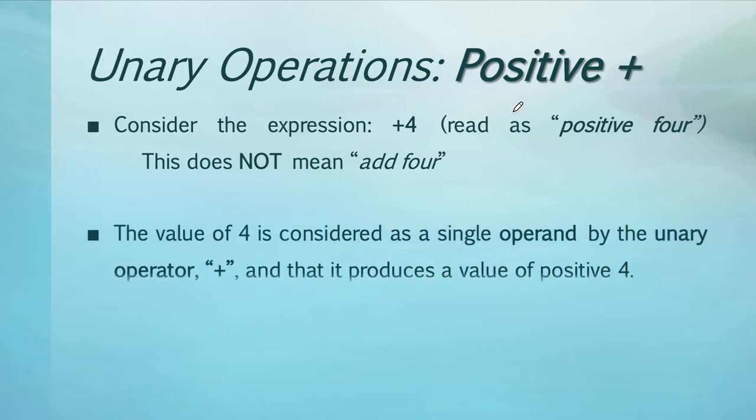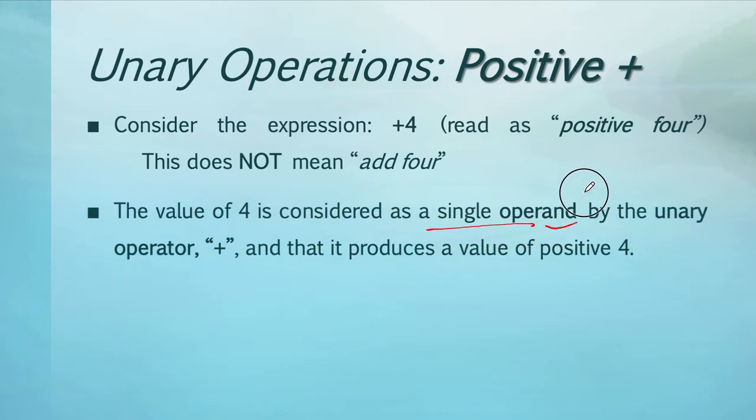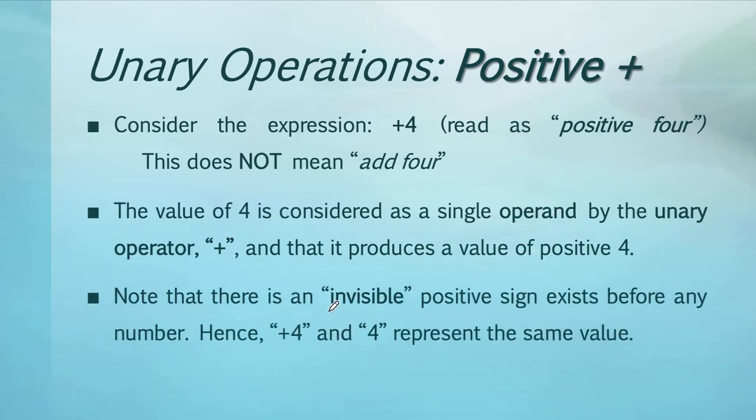So the value of 4 is considered as a single operand by the unary operator plus, or positive, and it produces a value of positive 4. Okay? Note that there is an invisible positive sign which exists before any number.